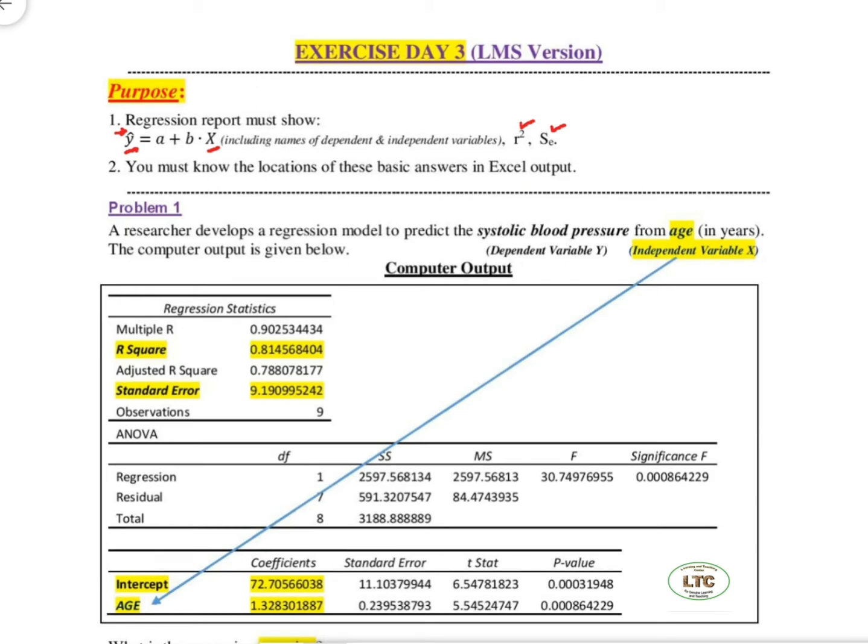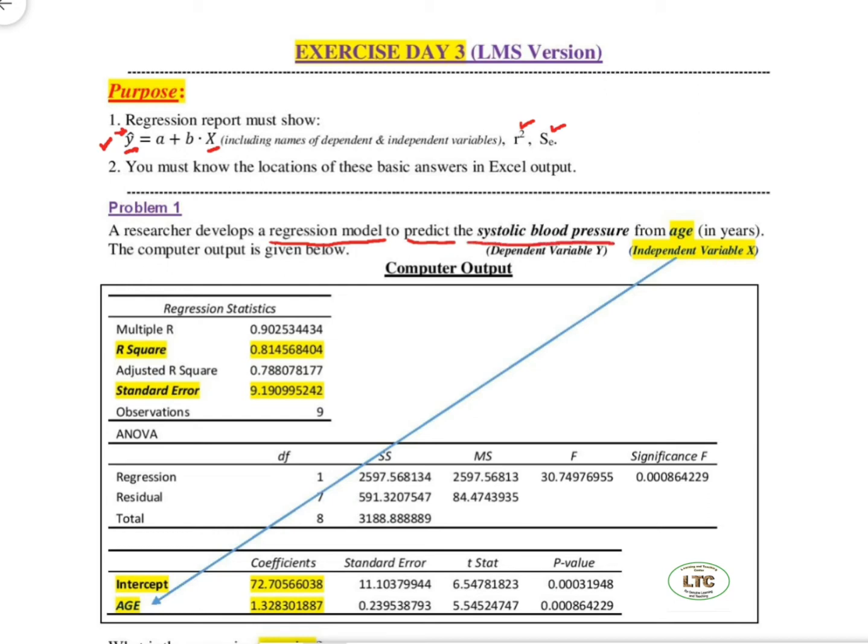Problem 1. A researcher develops a regression model. Regression model is the regression equation y hat is a plus bx, to predict the systolic blood pressure.